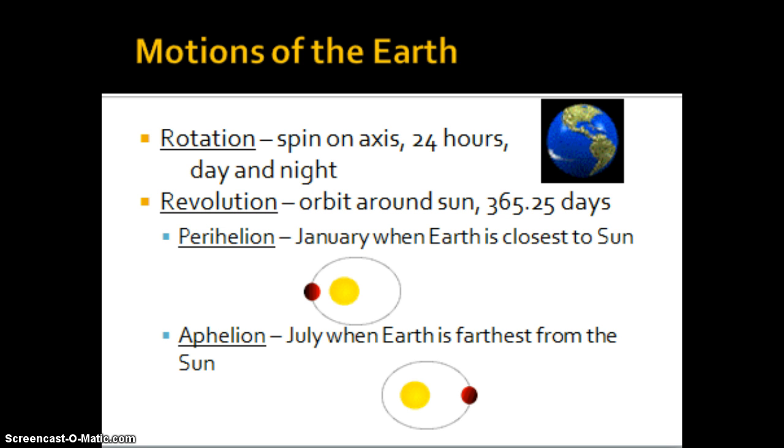Revolution is the orbiting around the Sun. It takes 365.25 days. That extra 0.25 days is the reason that we have a leap year every 4 years, in order to account for the one full day that it would add on. If we didn't account for this extra day every 4 years, eventually, over a long period of time, our seasons would be slightly off.